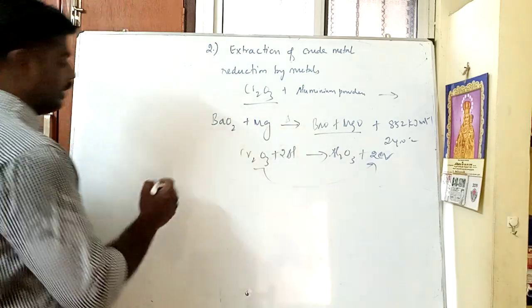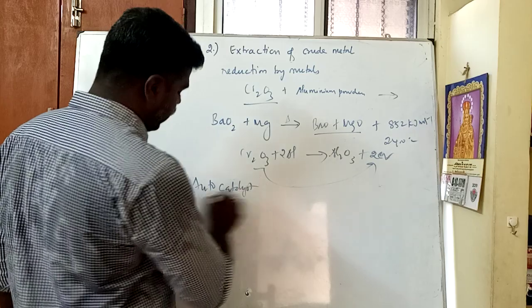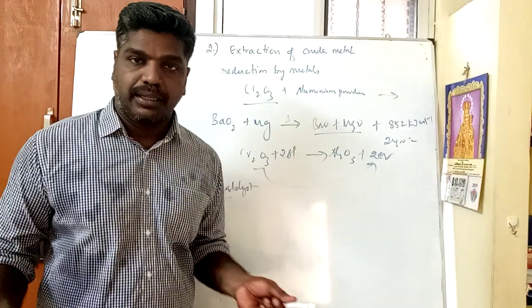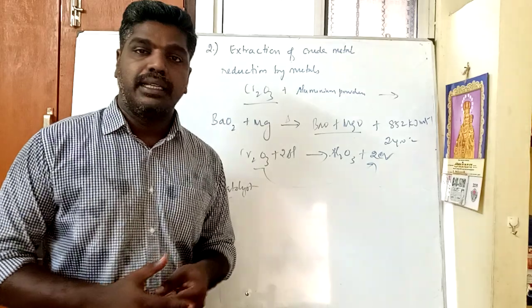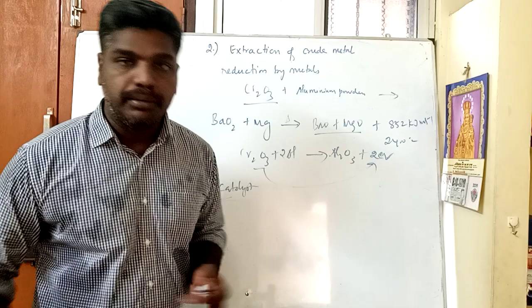Lastly, finally, we are going to see auto reduction. In this, we need no reducing agent. Without a reducing agent, while roasting the ore itself, some of the metal oxide gets reduced to metal.